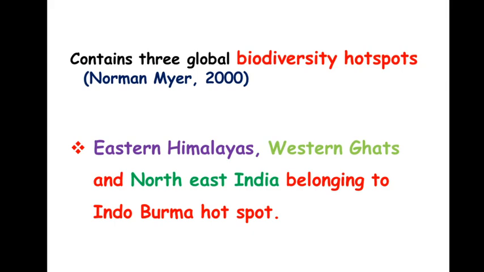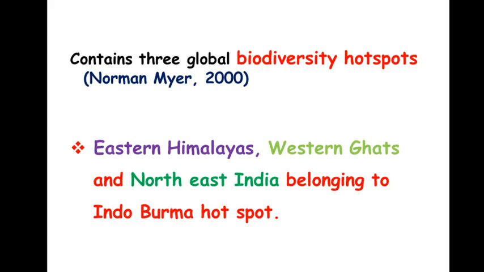In India, out of 25 globally identified hotspots, the Eastern Himalayas, starting from Sikkim up to Arunachal Pradesh, is considered a biodiversity hotspot. Then the Western Ghats, which start from the southern part of Gujarat till Kanyakumari, are also identified as a biodiversity hotspot. And our Northeast Indian states, we have 7 states, belong to an international biodiversity hotspot named the Indo-Burma biodiversity hotspot.